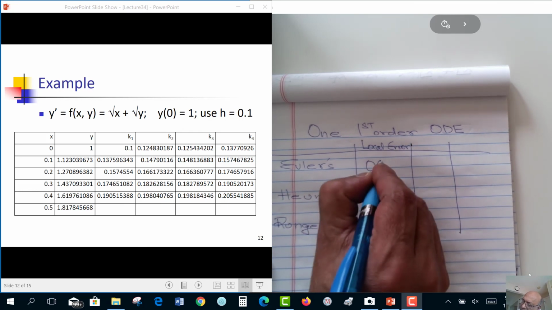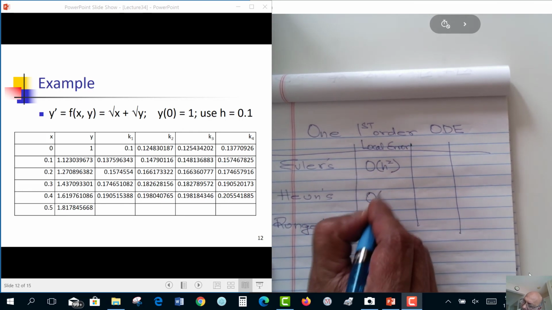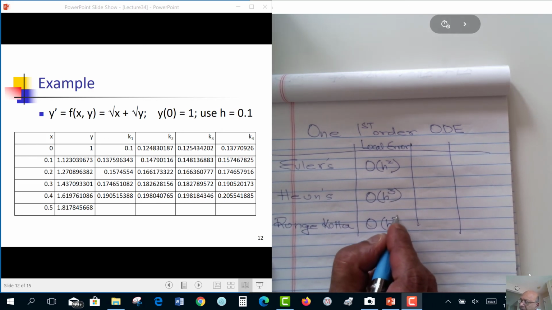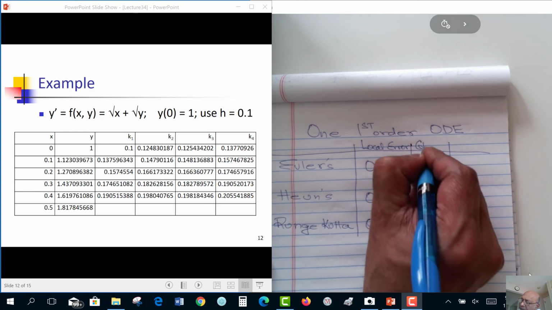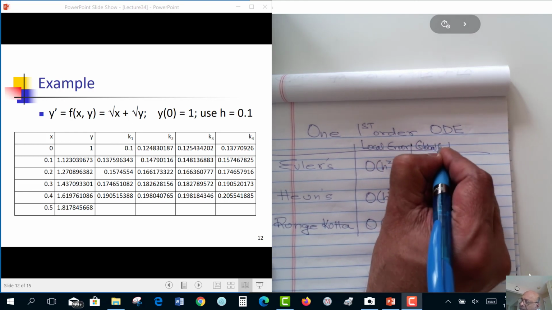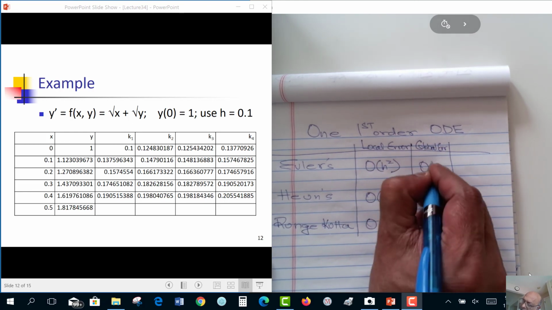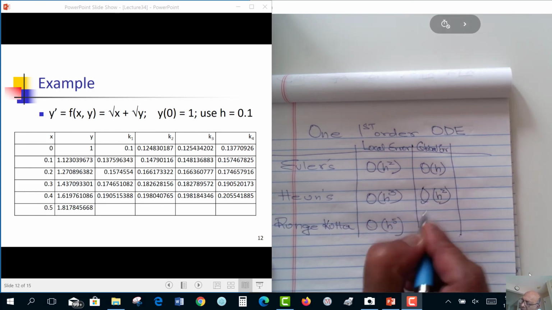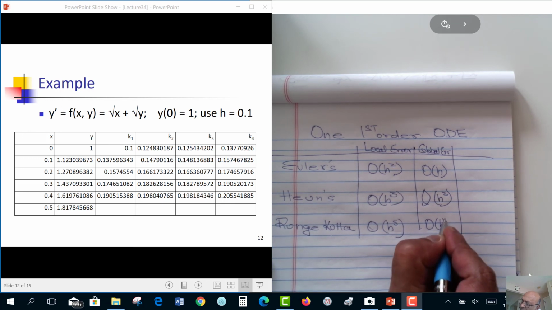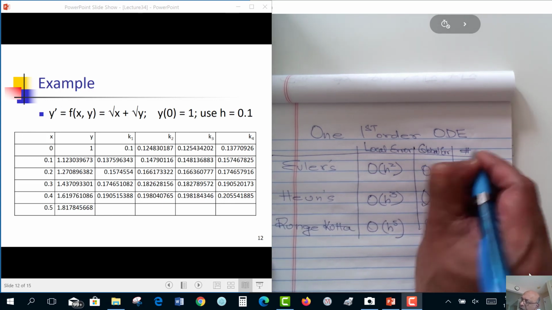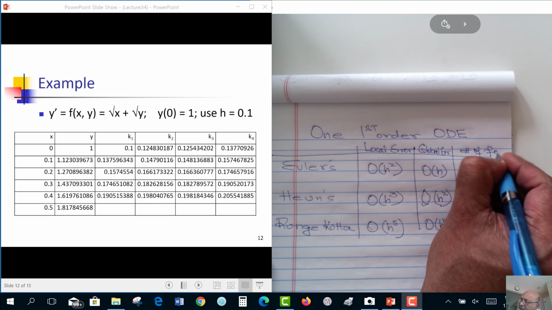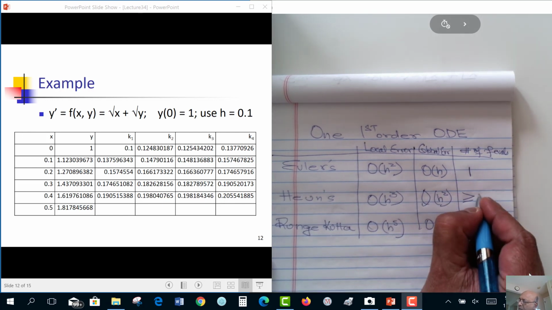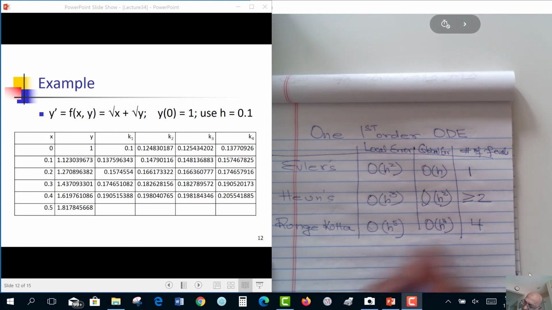This was order h square, order h cube. This is order h to the power 5. Global error, order h square, and order h to the power 4. Number of function evaluations: here we have 1, here we have 2 or more, here we have 4.